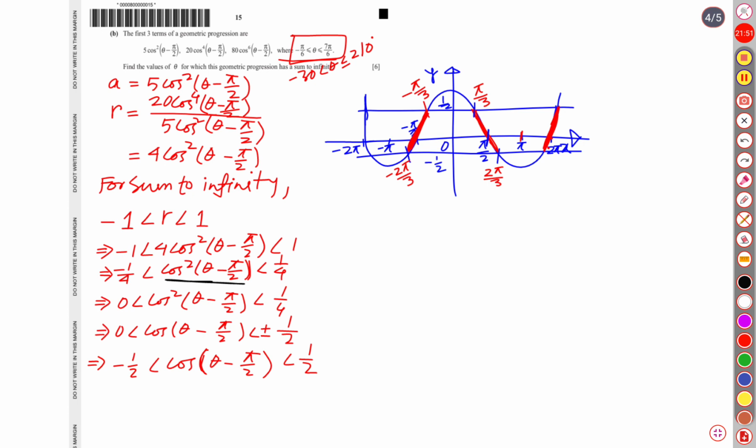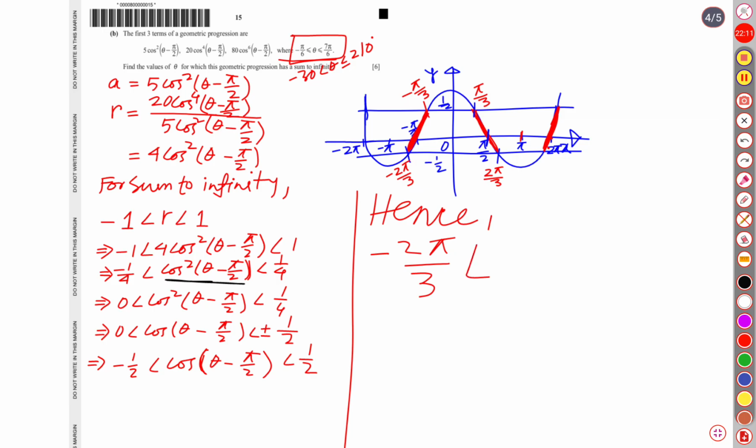Let me draw a line over here. Hence let us write one notation: negative 2 pi over 3. Our angle is theta. Look at this, this is our angle, theta minus pi over 2, lying from negative 2 pi over 3 until negative pi over 3.